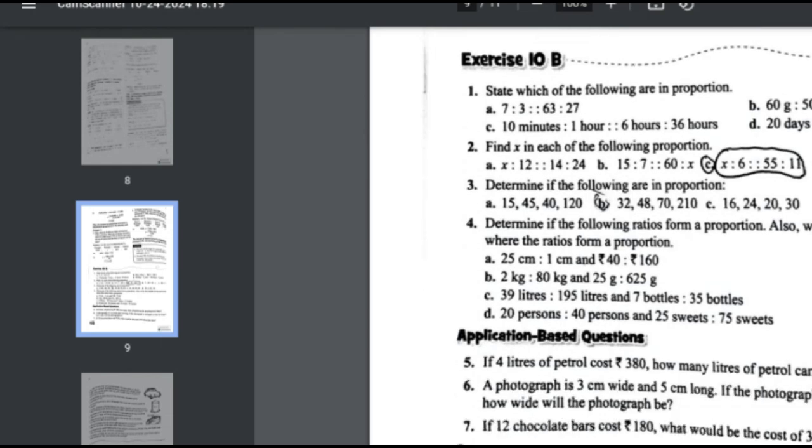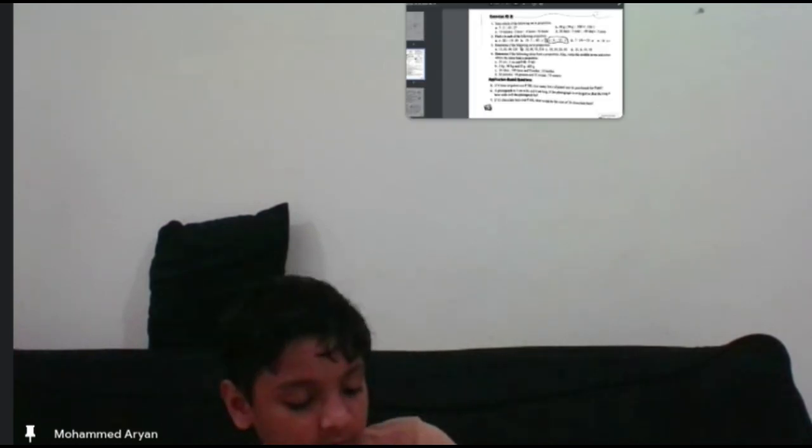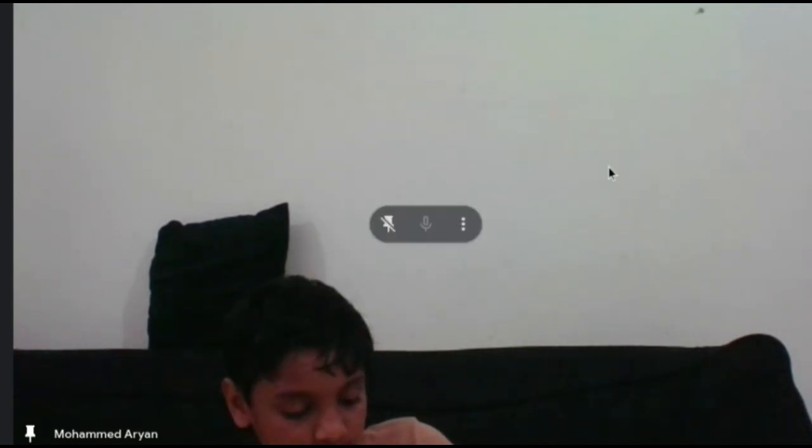Everything is clear? Yeah, but I have a small doubt. Yes, you can ask. Why do I put 380 and then x? This is the important thing. Remember, in these types of questions, there will be 4 quantities. The price of one quantity will be together. For example, the liter is with the price.